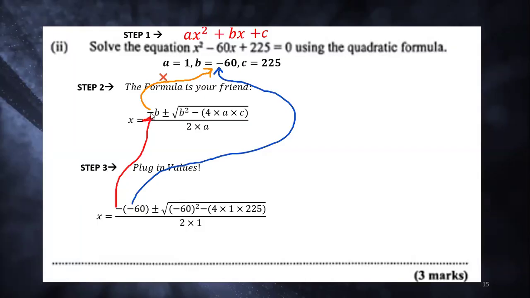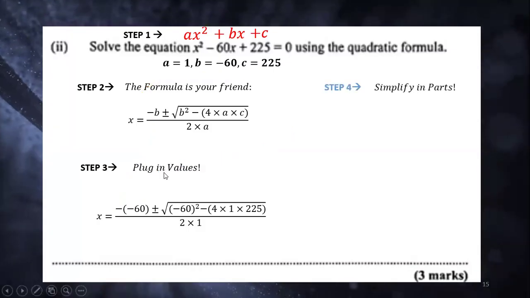This negative sign has absolutely no relationship with this negative sign. This negative sign is part of the formula forever, right? So are we clear with this? So the conclusion is you must put in both the negative sign from the formula and the negative sign from the B. All right, awesome.